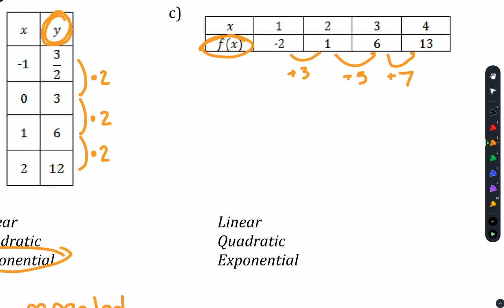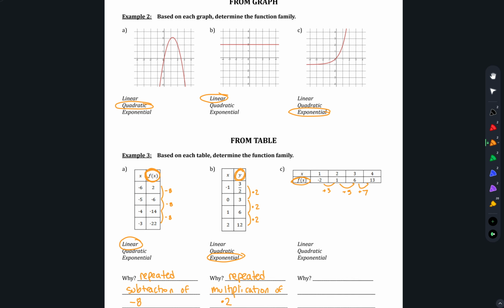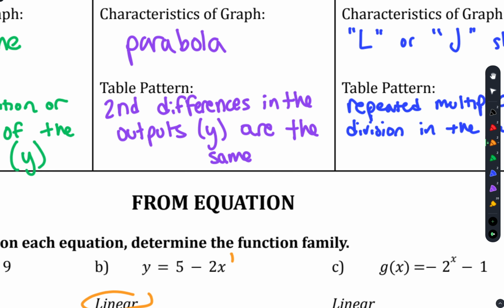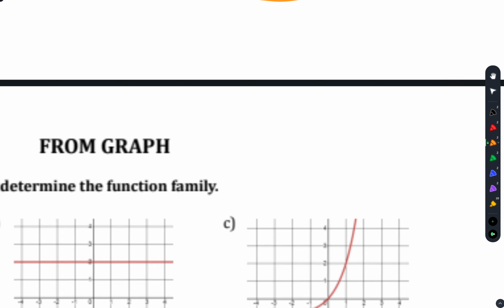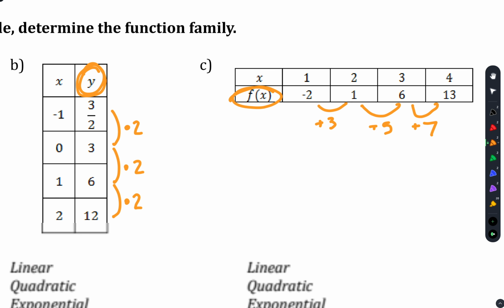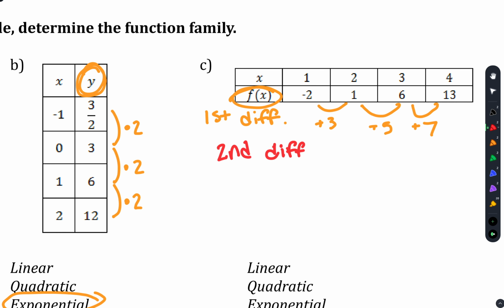So here's my third option. Let me go back to what this is called. Remember I had you write this down? It says second differences in the outputs are the same. Right here, what I have written down, these are our first differences. They are the initial difference between each one of these numbers. So then what do you think the second difference is? It's going to be the difference between these numbers. What's the difference between 3 and 5?